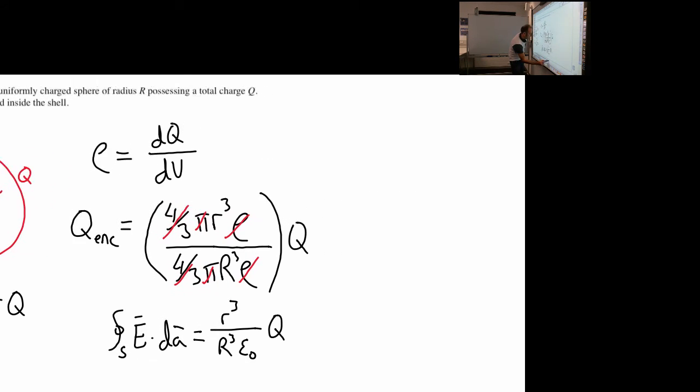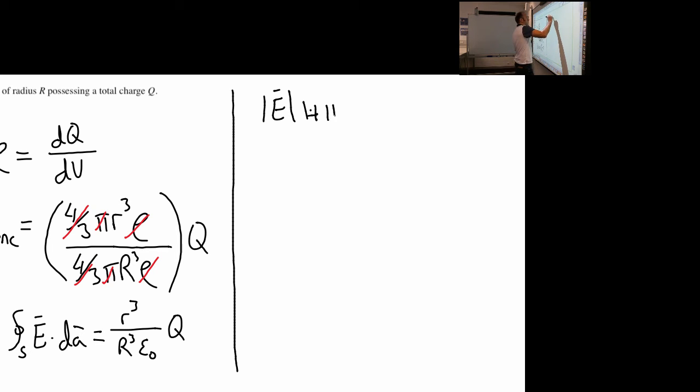Okay, so we looked at that in the previous problem, but now what we have here is the magnitude of the electric field times 4 pi r squared going to be equal to r cubed over big R cubed epsilon naught by Q.